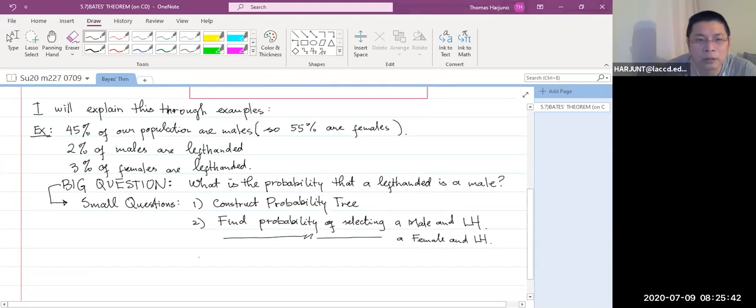Third, find the probability of selecting a left-hand person, regardless of whether that's male or female.